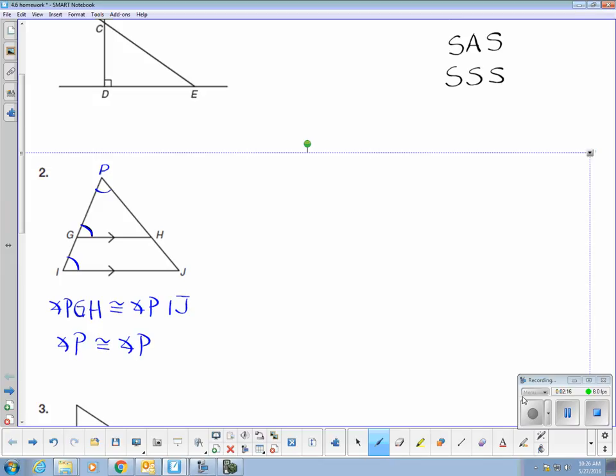Since they share that same angle, those two angles must be congruent to each other. So we're going to say that these two triangles are similar by angle-angle postulate. You're going to see later on where I'm actually going to have you redraw the two triangles that you see in this drawing. I'm going to have you redraw so that you have triangle PGH separate from triangle PIJ.